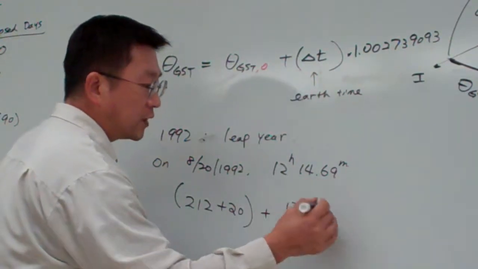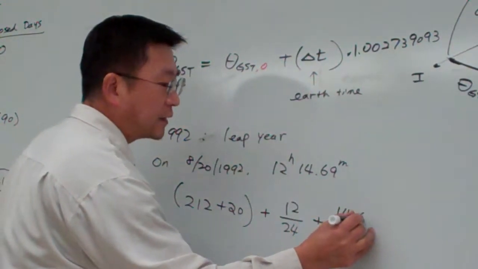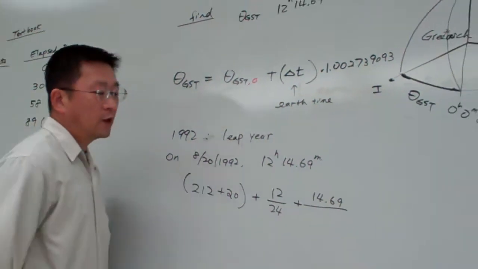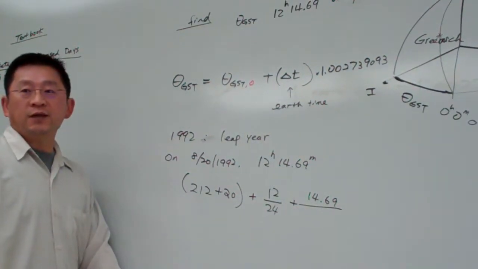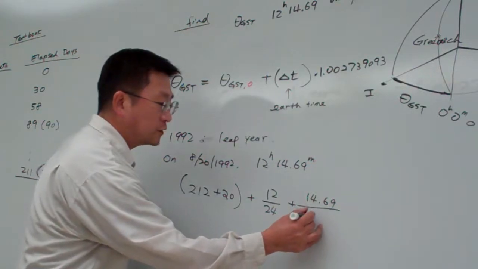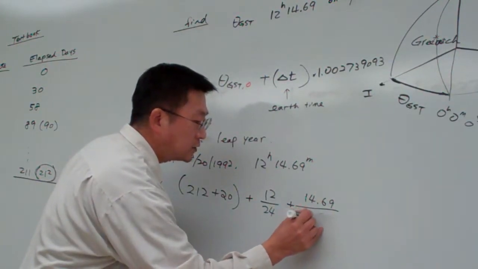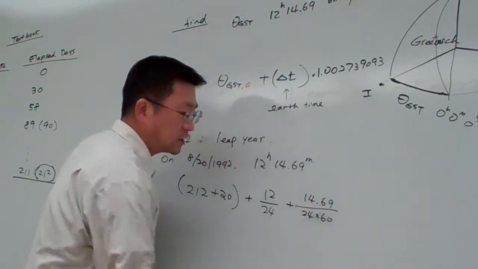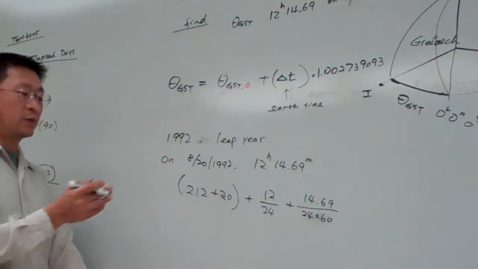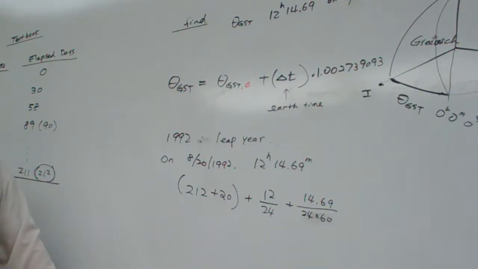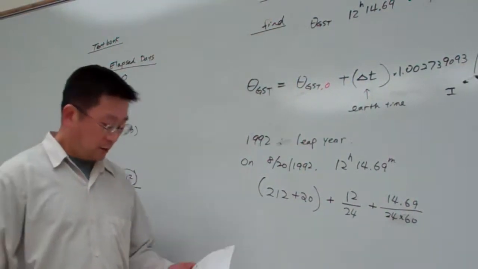And then we have minutes, here 14.97 minutes. How many minutes in a day? 1440. If you like, you can divide by 24 hours, and each hour has 60 minutes, the same thing. This number will give us how many portions of the days have passed.